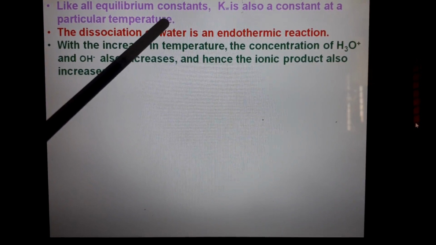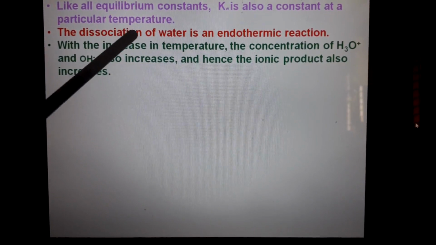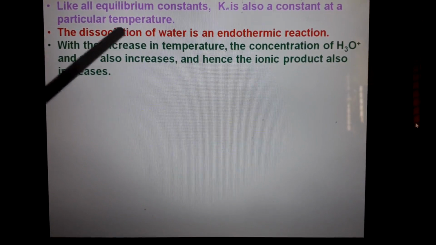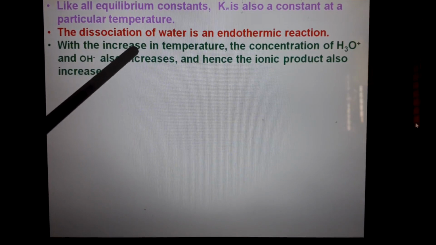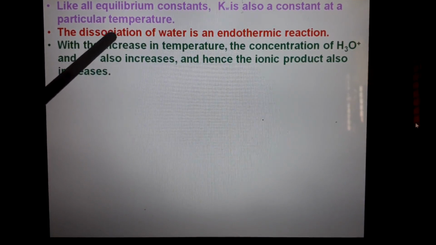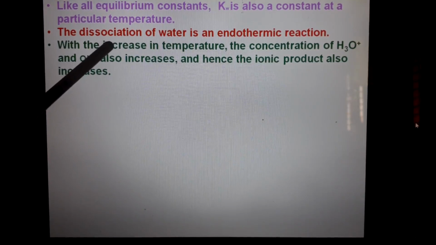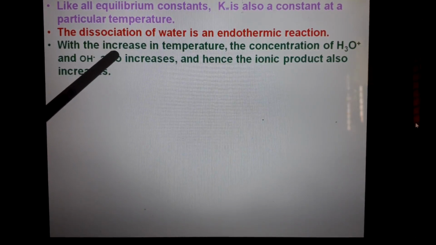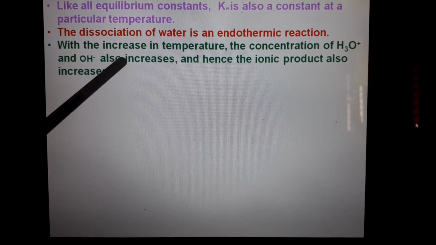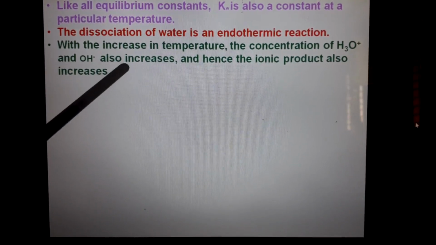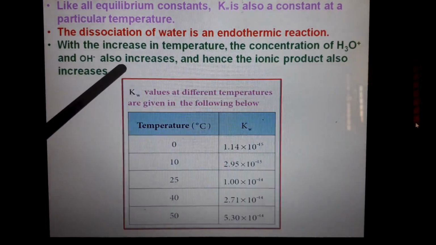Endothermic means it absorbs heat, so with the increase in temperature, the concentration of H3O plus and OH minus also increases. In our regular life, when the temperature of water increases, the concentration of ions also increases. The ionic product also increases. Very important point.